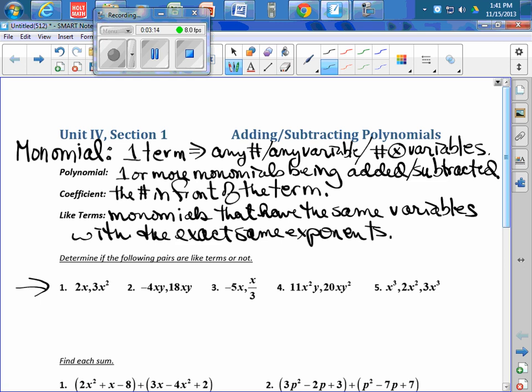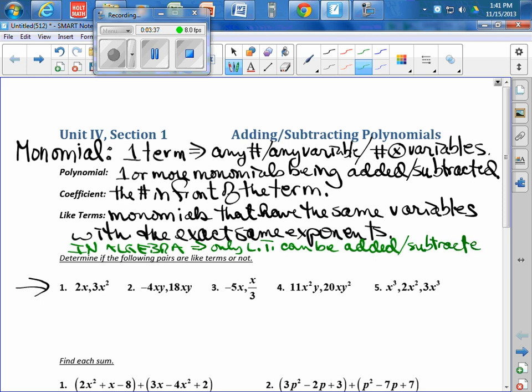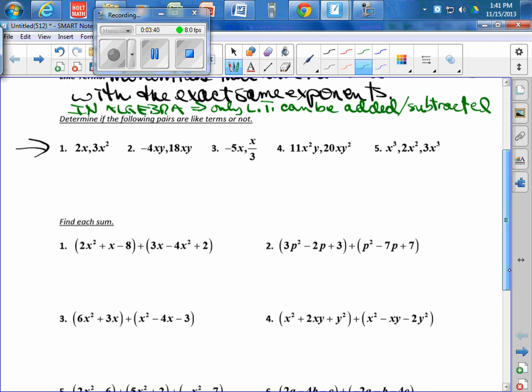Now, in algebra, only like terms can be added or subtracted together. Now, in this first set of problems here, we're just determining yes or no. Determine if the following pairs are like terms or not.